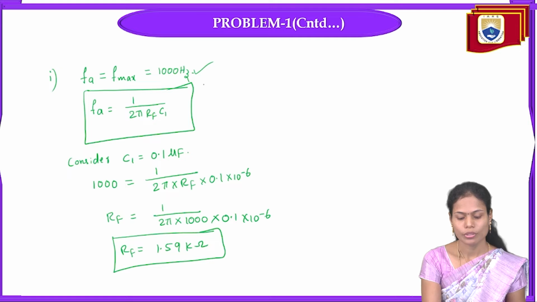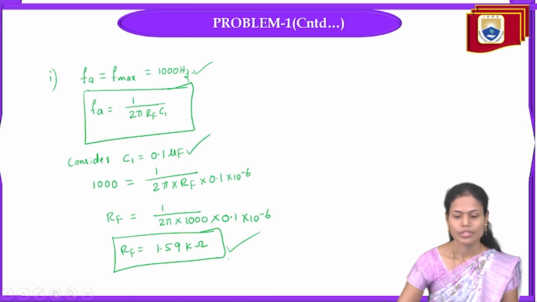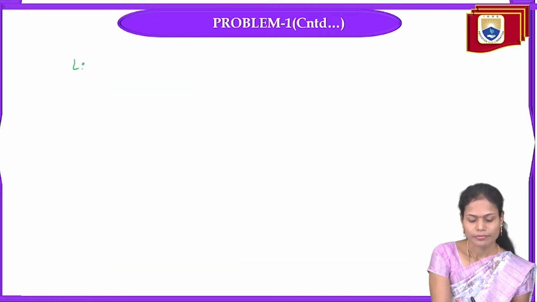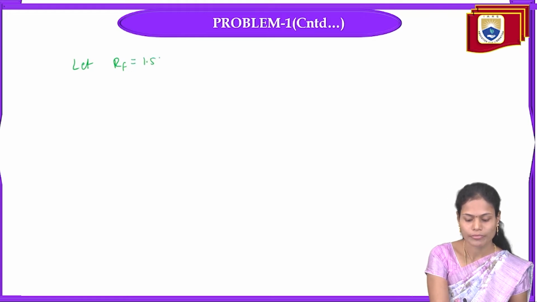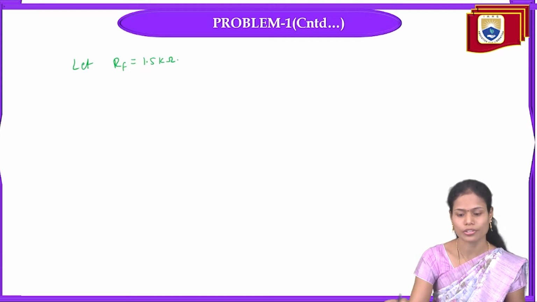So here we know the value of FA, C1 as well as RF here. So next I am letting the value of feedback resistance RF. So the feedback resistance RF I am taking here as 1.5 kilo ohms. I am assuming this value to design the practical differentiator circuit.